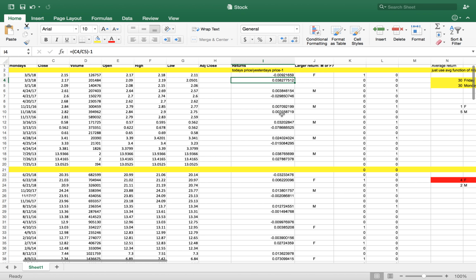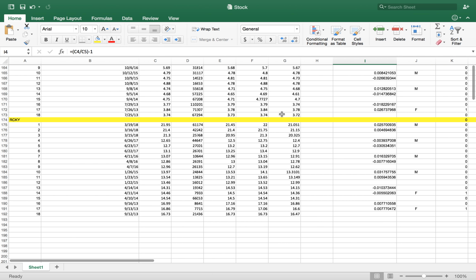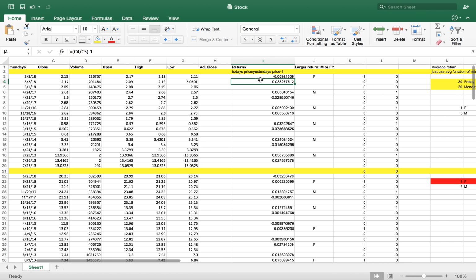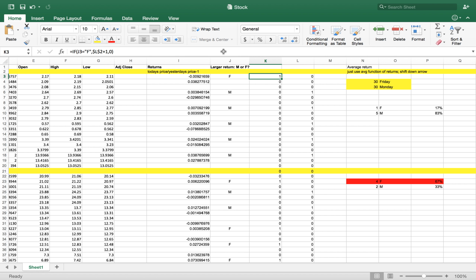After I did that for all of the stocks, which happens to be 192 rows of data, I used that formula going all the way down. I looked at which return was larger, Monday or Friday, and put F if it was Friday and M if it was Monday. Then I used an if-then formula to give me a number of 1 in this column if it's Friday. I dragged that all the way down, and then I summed that over here.